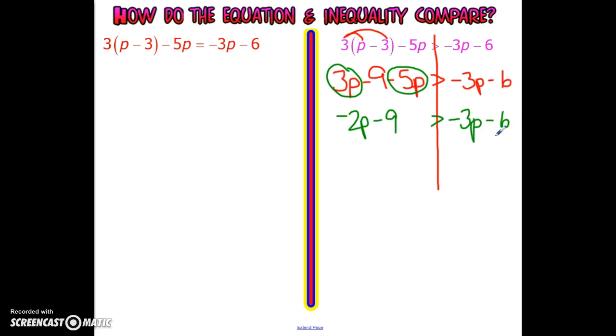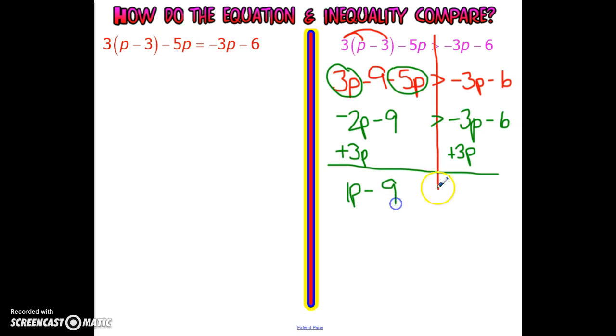So now I want to get my variables to one side and my constants to the other side. If I add 2p to both sides, I'm going to have a negative variable. If I add 3p to both sides, I'm going to have a positive variable. So that's what I'm going to do because I'd rather have a positive variable than a negative variable. If you do it the other way, that is totally your choice.